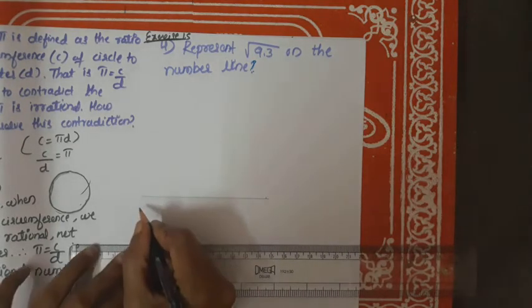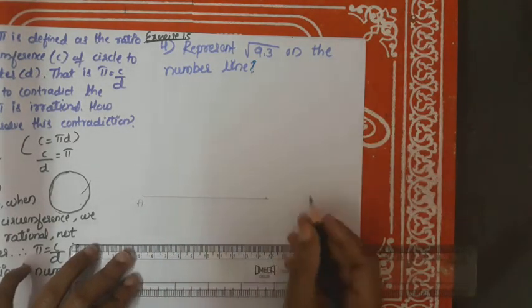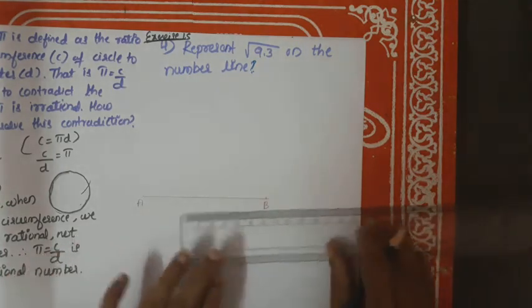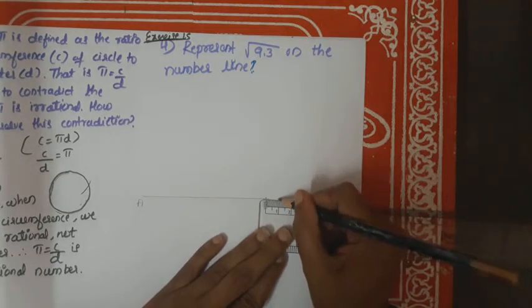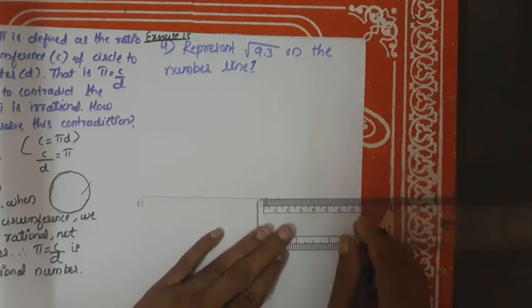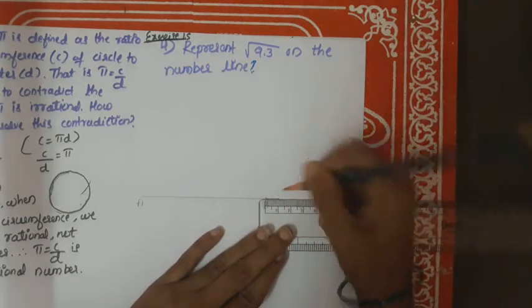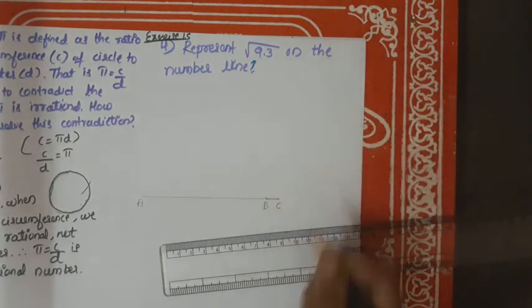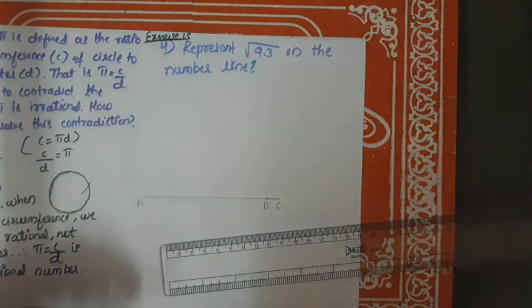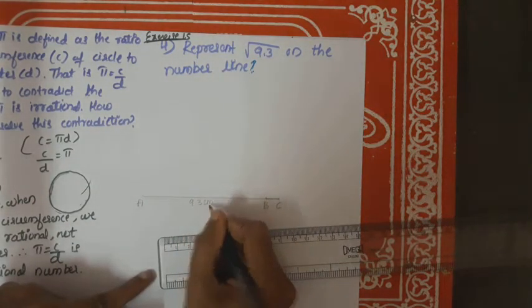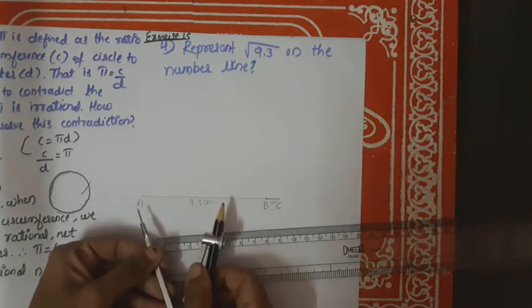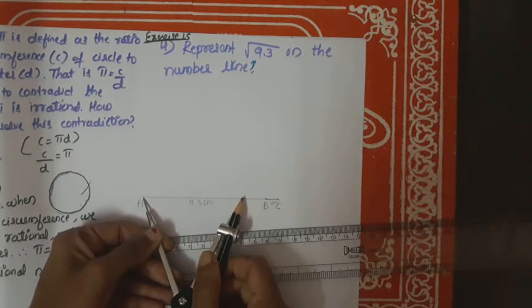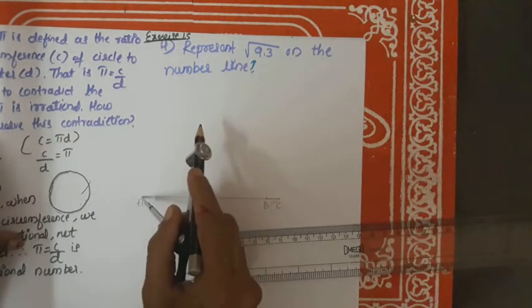I call this point A and this point B. From B, draw a distance of 1 unit, 1 centimeter. I call this C. Now this is 9.3 and this is 1 centimeter. Draw a bisector of AC. I take more than half of AC, then draw the bisector.